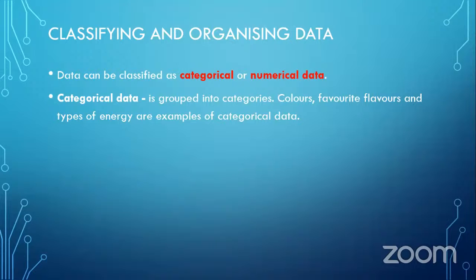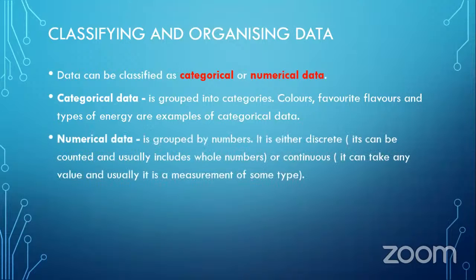You are just grouping things into categories, like colors, favorite flavors, different tastes, chicken, livers, such things. That is categorical data. We categorize it.